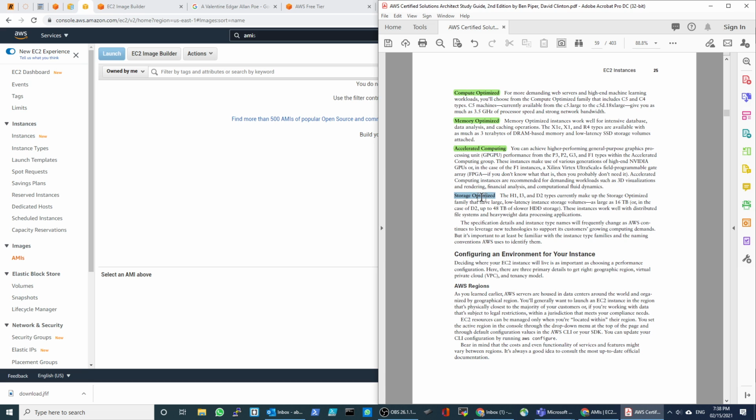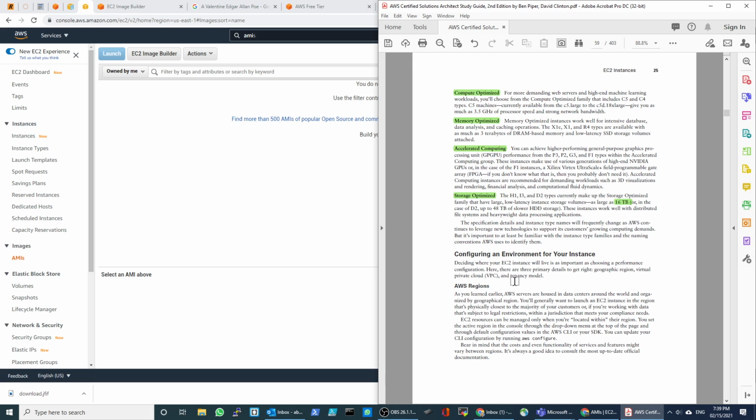There is storage optimized, the H1, the I3, the D2, and there are others by now. The storage optimized family has large, low latency instance storage volumes as large as 16 terabytes. So it depends on the application you're going to use, the hardware that you need.